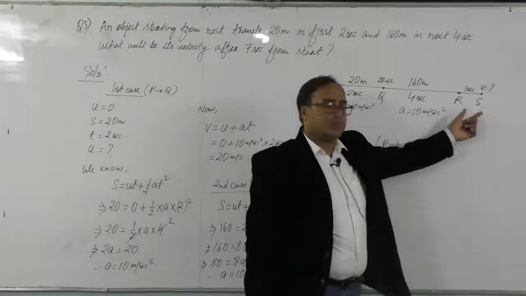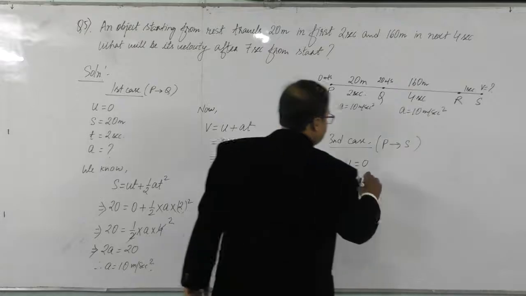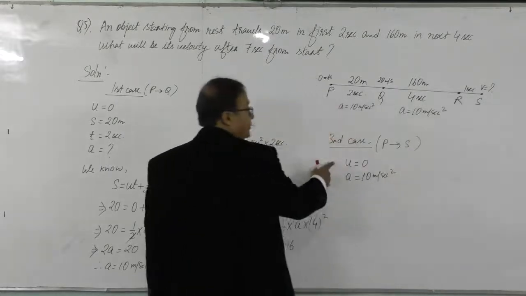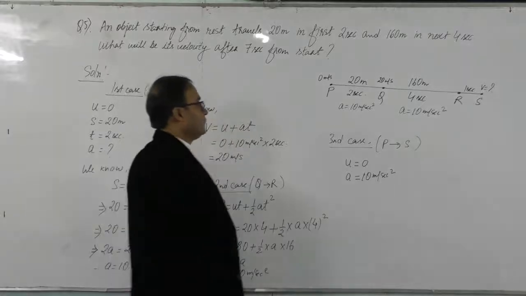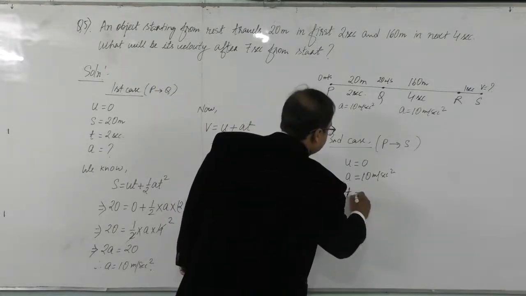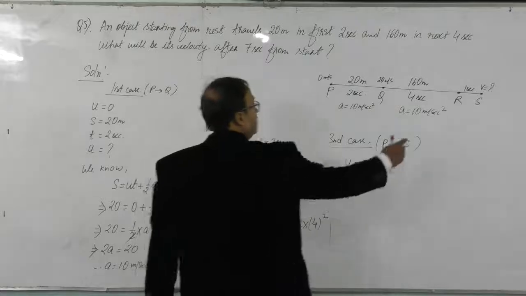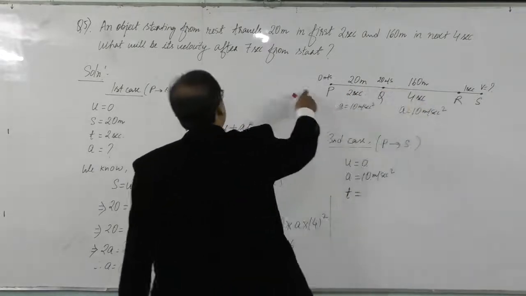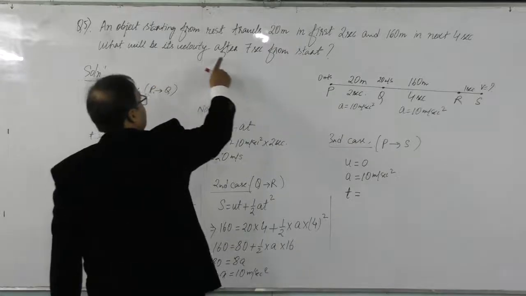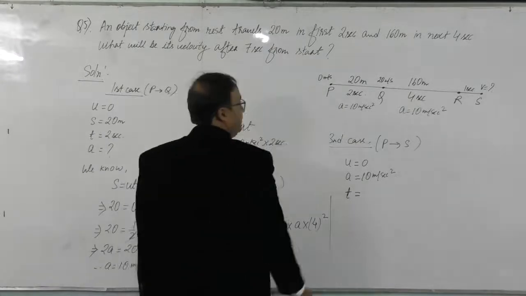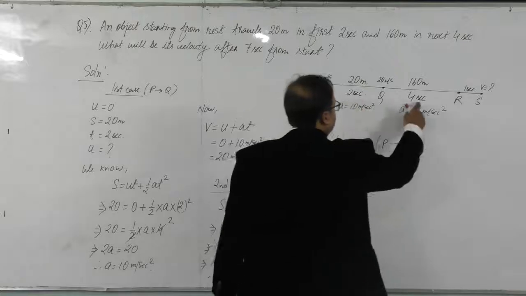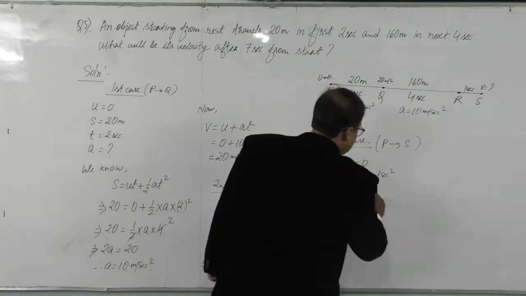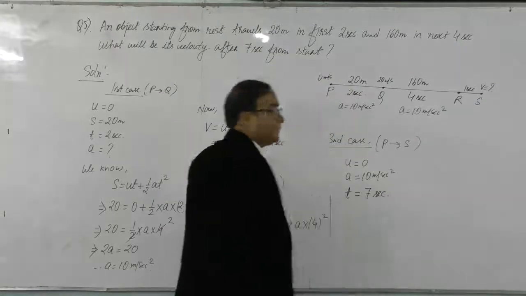So acceleration is 10 meter per second square. Now U is there, A is there, and the time is 1 second for R to S, but we have to calculate the velocity after 7 seconds from the start. So 2 seconds, 4 seconds, 1 second. So we have to consider from here. So time is 7 seconds.